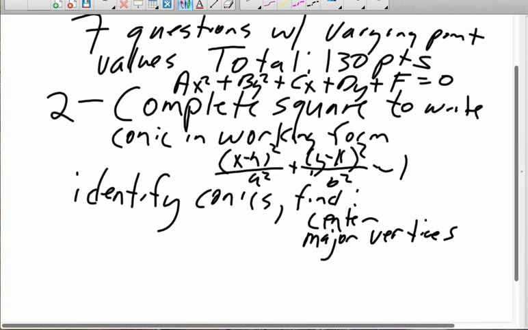Ellipses have 2, hyperbolas have 2, parabolas only have 1. Foci and asymptotes if they're present. And the foci you get from the c value. Okay.